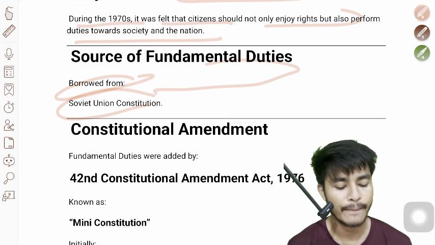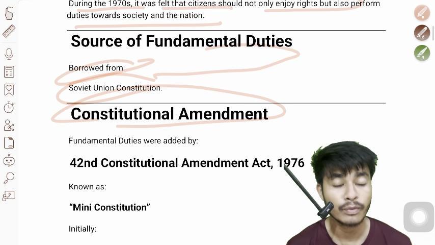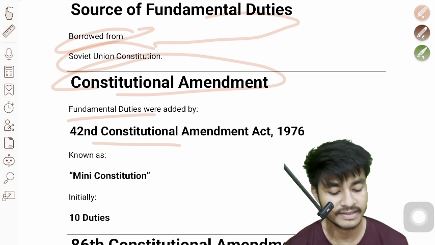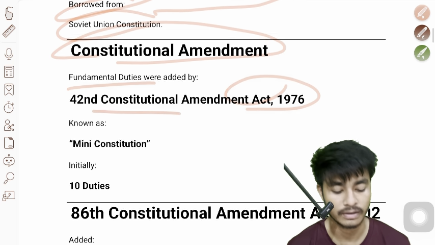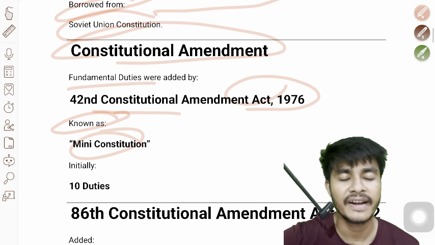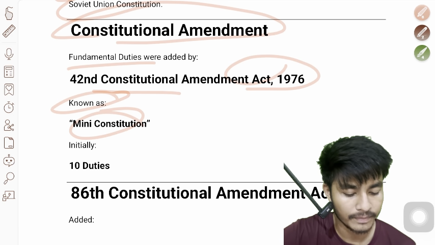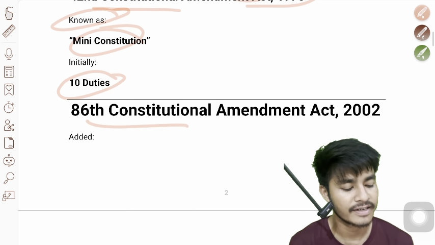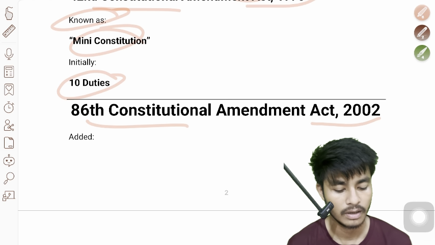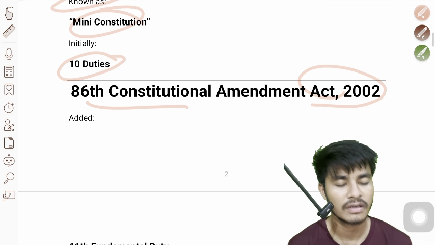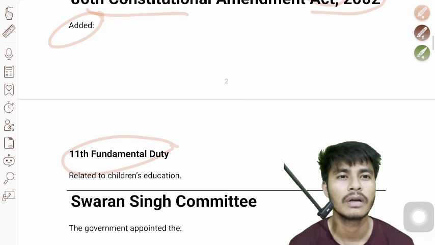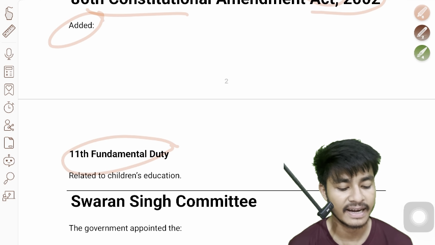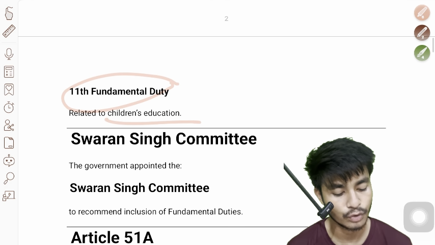Fundamental duties were added by the 46th Constitutional Amendment Act 1976, known as the mini constitution, and initially there were 10 duties. The 86th Amendment Act 2002 added the 11th fundamental duty, related to children's education.